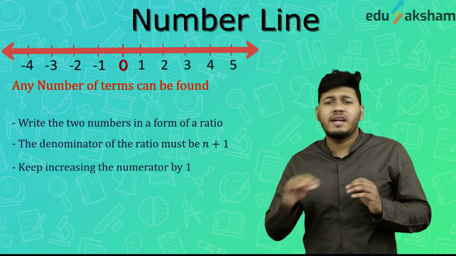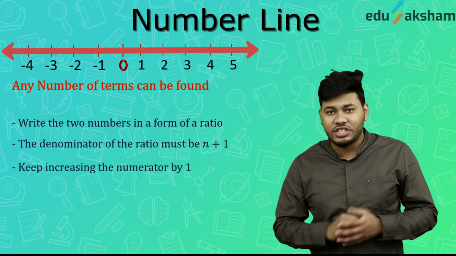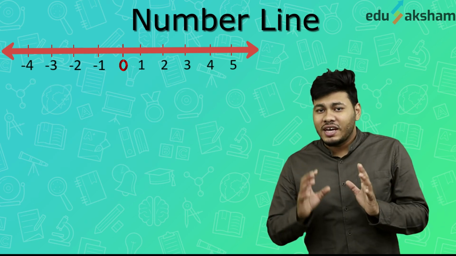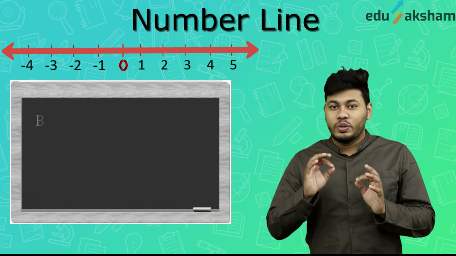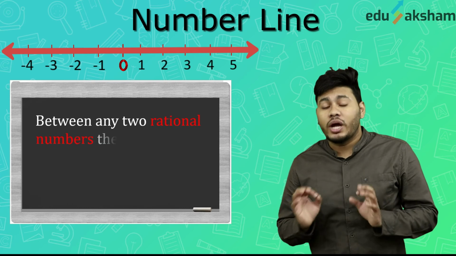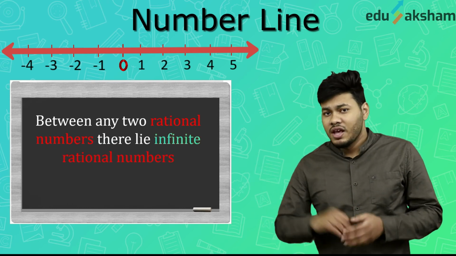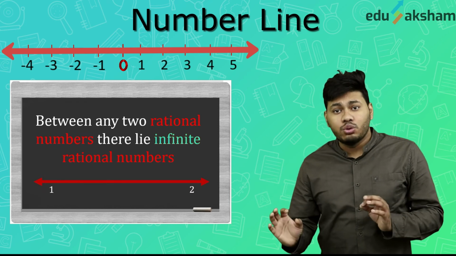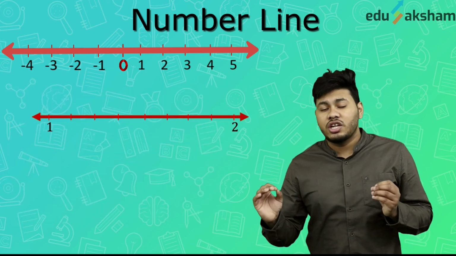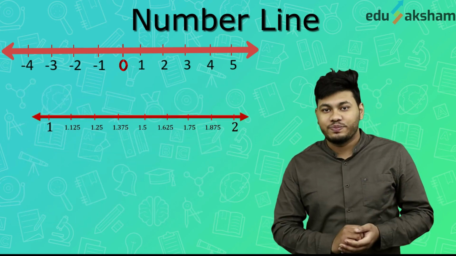In this manner we can find lakhs and crores of terms between two rational numbers. So from this arises another important statement: between any two rational numbers there lie infinite rational numbers. Even if we take the numbers 1 and 2, there lie infinite rational numbers between 1 and 2.